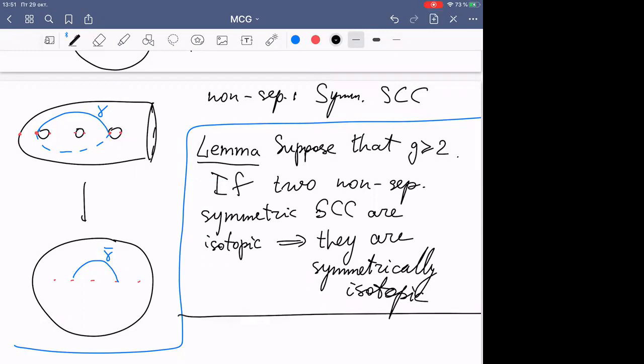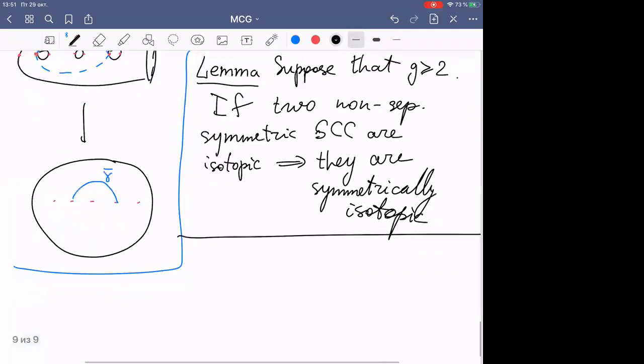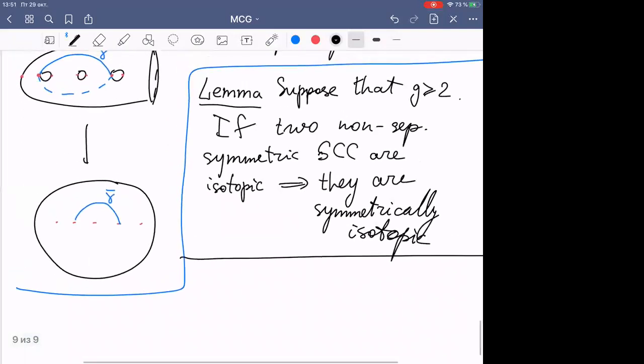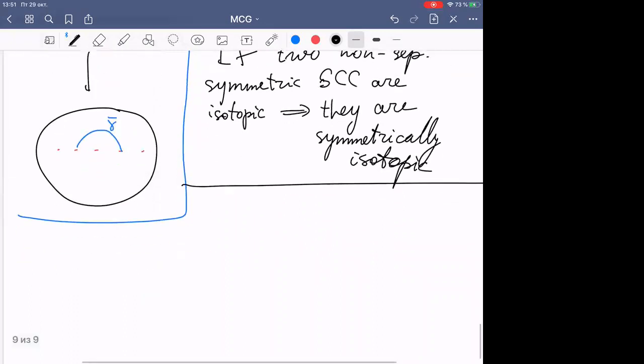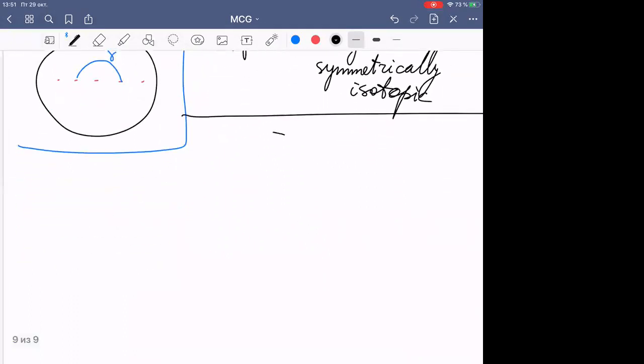Okay, why? First of all, why must g be at least 2? Look, for g equals 1, this is just not true. Let us consider a torus with one boundary component, and I would like to consider two simple closed curves like that.